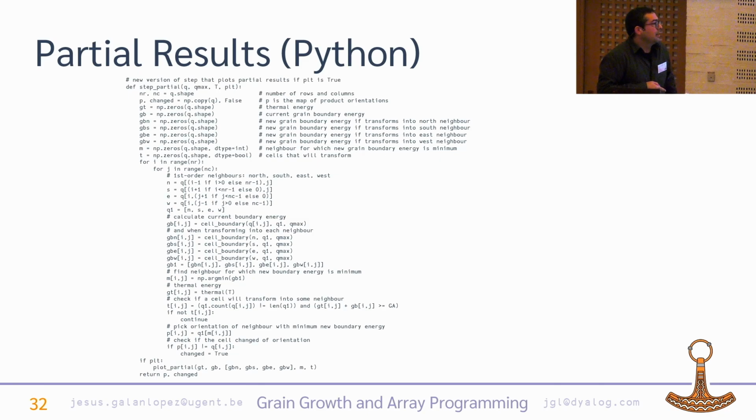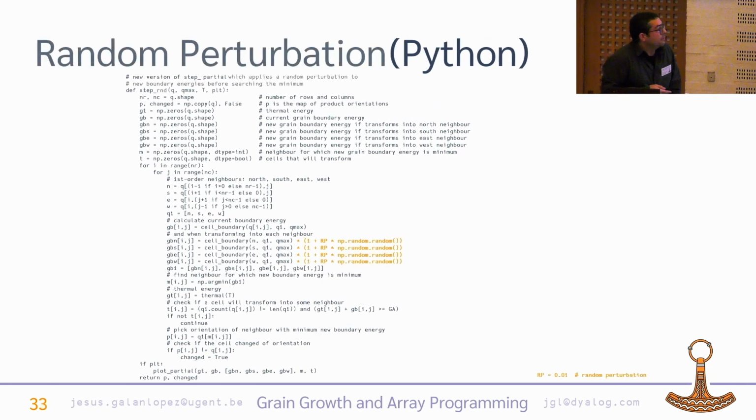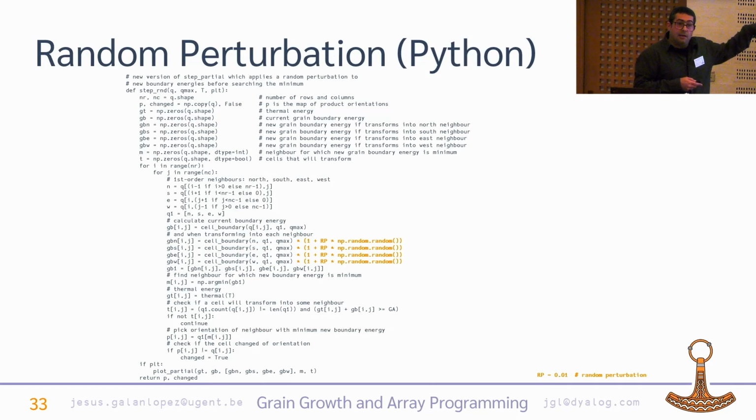But you can give them a little hint: we are only using the boundary energies to select one, so why don't you just apply some random perturbation to the energies that you have, and then you select one from there. We add a parameter at the bottom, so we apply a perturbation of 1%, and then this will be random.